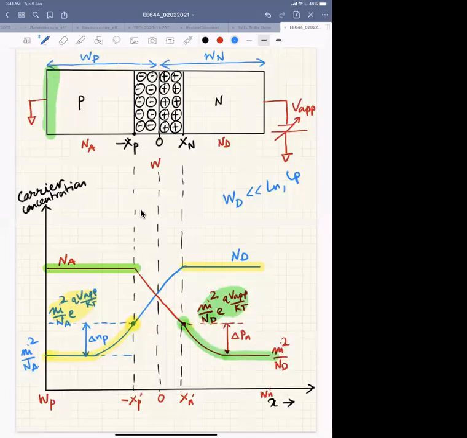We'll come back to this point later, but keep in mind your depletion width in most cases is lower than Ln and Lp. And again, as we discussed earlier, your Ln and Lp are functions of doping, right? So if you increase your doping, your Ln and Lp will also reduce, because as the doping increases, there is more possibility of recombination. So your Ln and Lp will reduce.